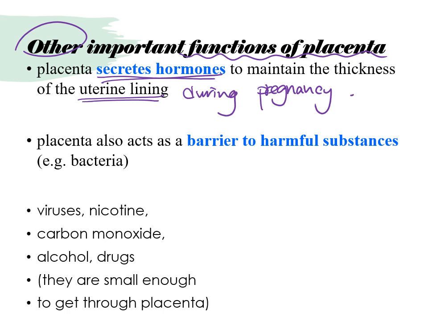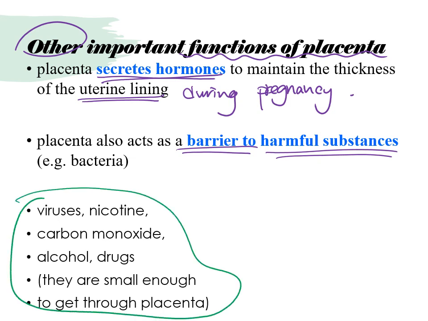Also, your placenta can also act as a barrier to avoid the harmful substances such as bacteria going into the baby's body. However, some very, very small substances such as virus, nicotine, carbon monoxide from the cigarette, alcohol, drugs, they are small enough to get through the placenta.